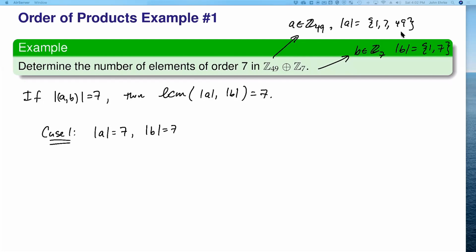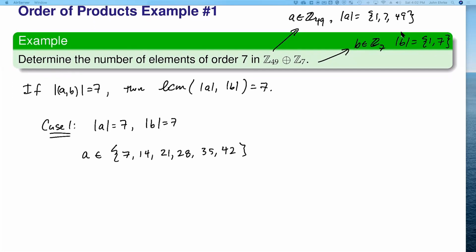All of the elements that have order 7 in Z49 are the multiples of 7, so A would be an element of this set. B, as its choice, would be 1, 2, 3, 4, 5, and 6.